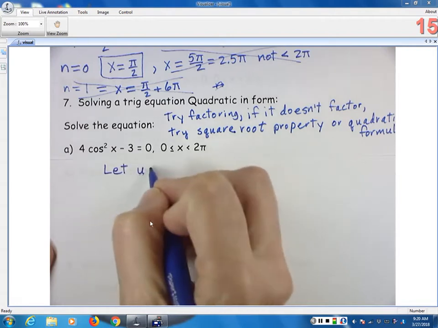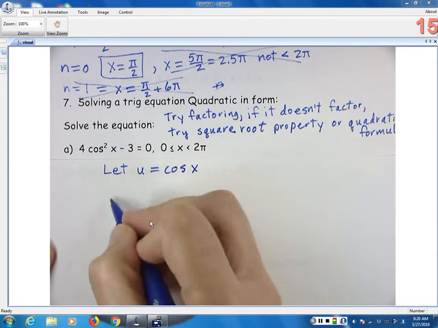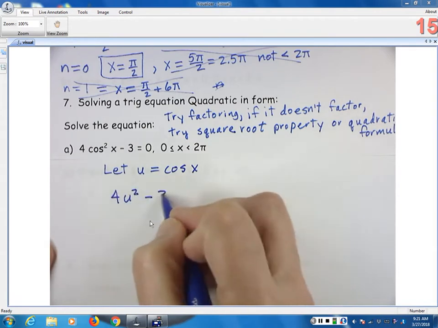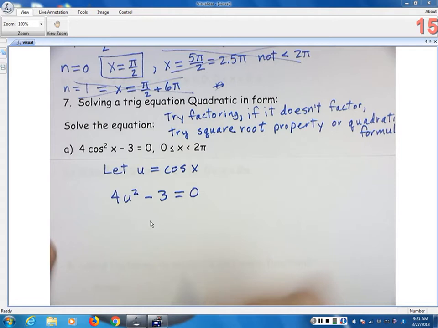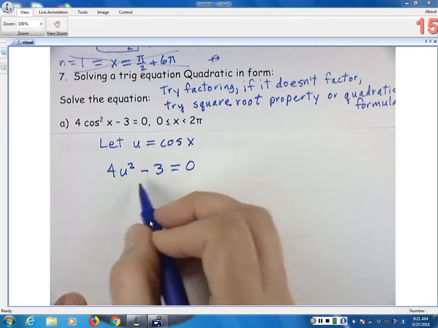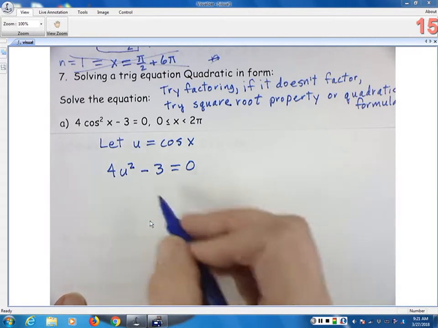You can let u equal cosine x, and then write 4u squared minus 3 equals 0. Because this doesn't factor, since 3 is not a perfect square, I'm going to use the square root property.